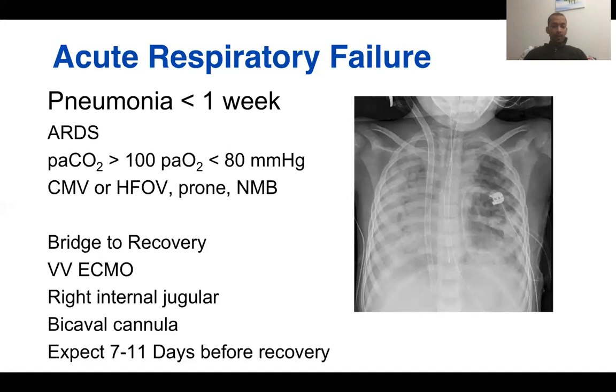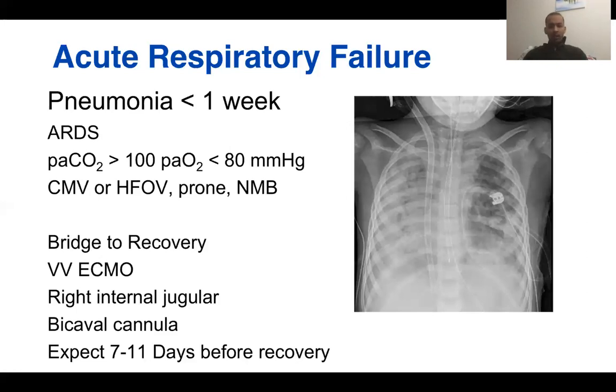As you see, the cannula comes from the IJ and gets into the subclavian, goes through the right subclavian, and then into the superior vena cava. I'm extremely sorry. The IJ and then the superior vena cava, and then right atrium, and then through the right atrium down into the IVC.